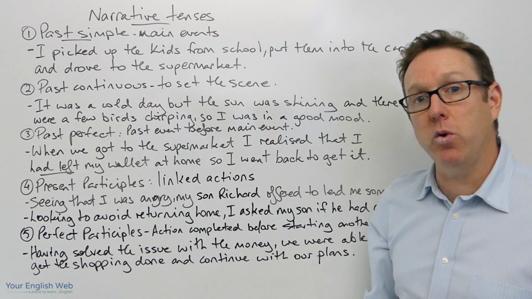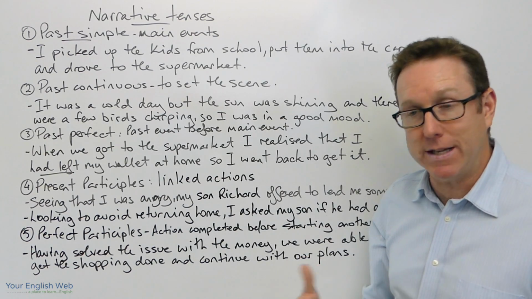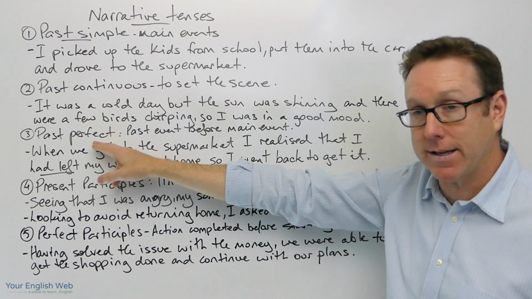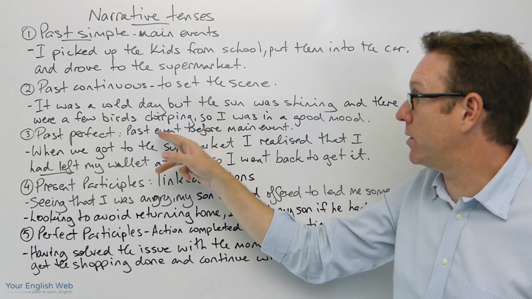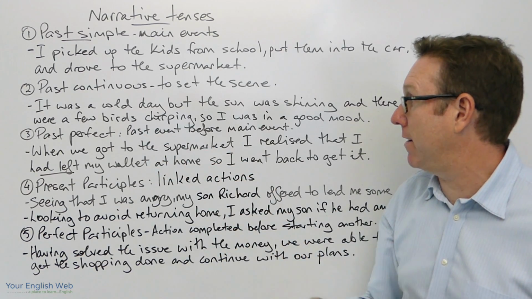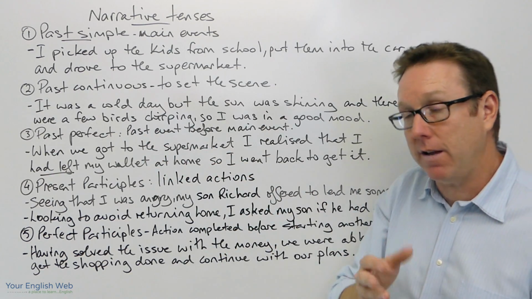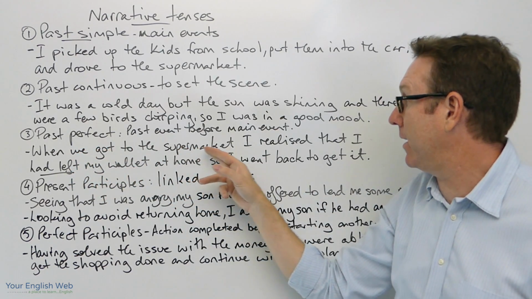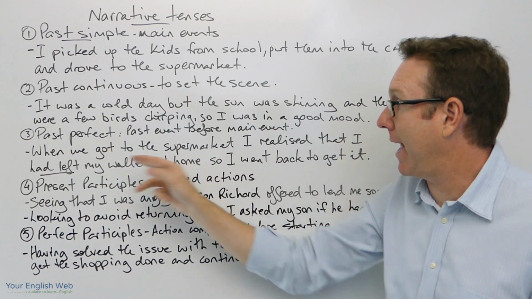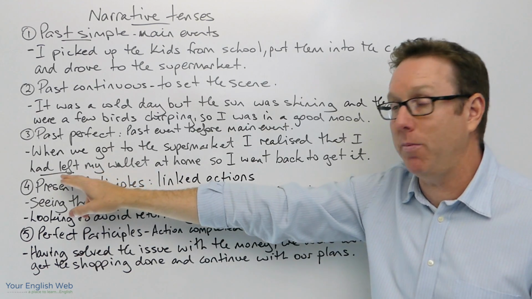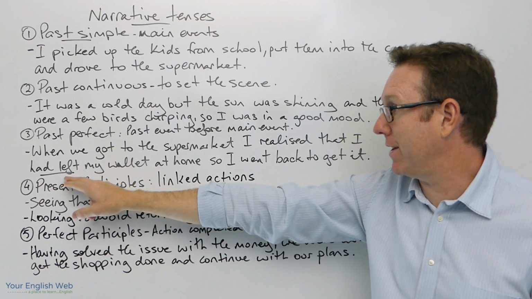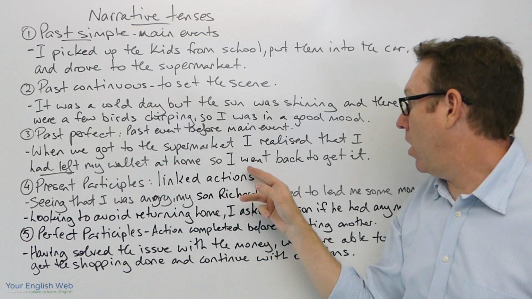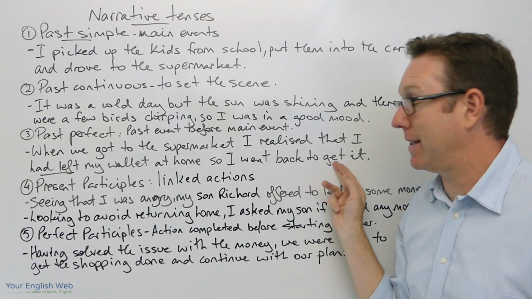Another tense that we use when we narrate or tell a story is the past perfect, and we use this to show the past events before the main event. So for example, when we got to the supermarket, I realized that I had left my wallet at home, the past perfect tense, so I went back to get it, okay?